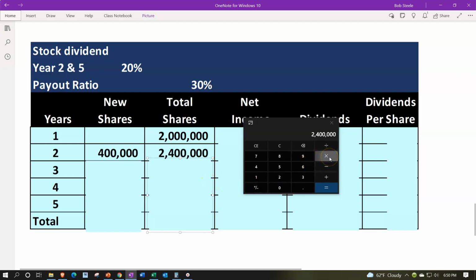So you've got the 2,400,000 times the 0.2. That's going to give us the 480,000 plus the 2,400,000.